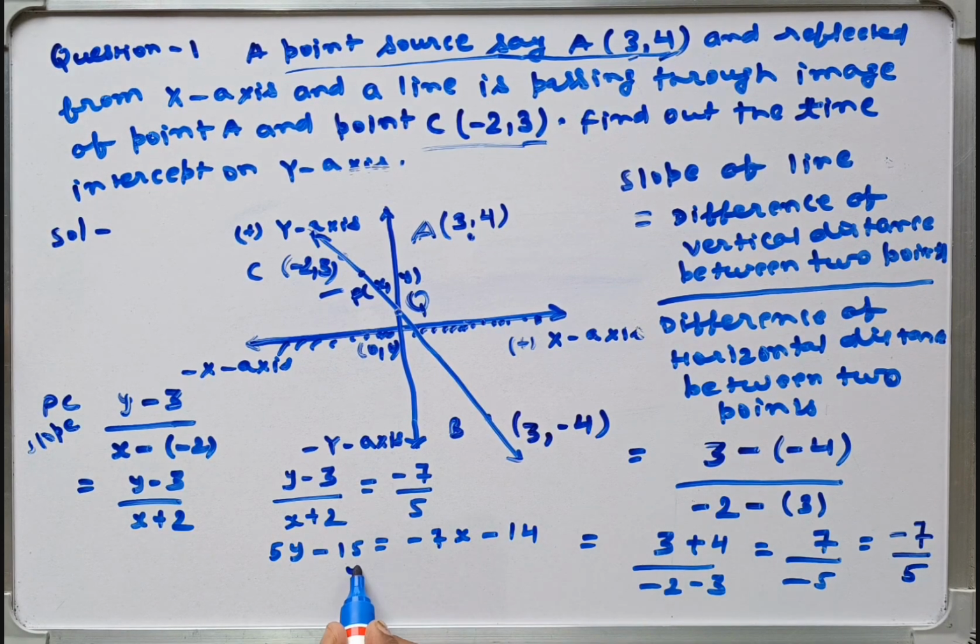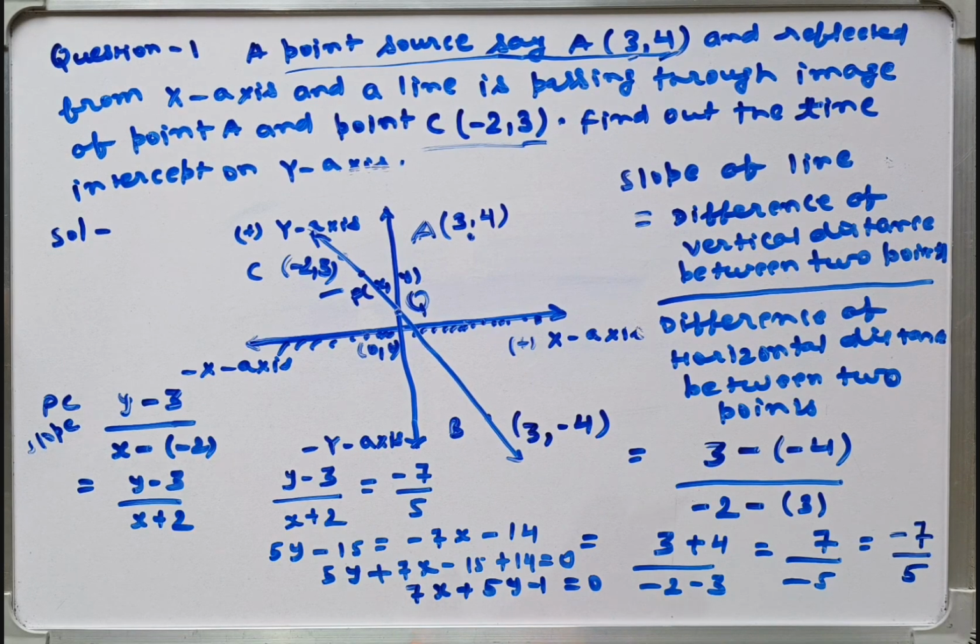Now if we write it equal to 0, you get the equation of the line: 7x plus 5y minus 1 equal to 0. So this is the equation of the straight line.